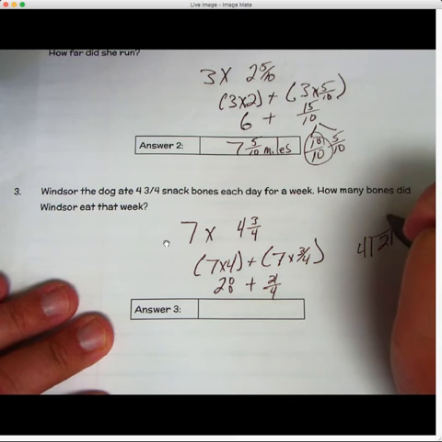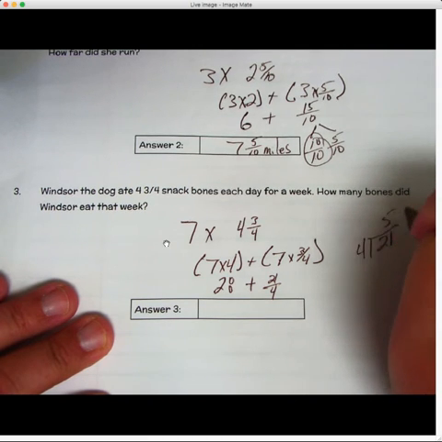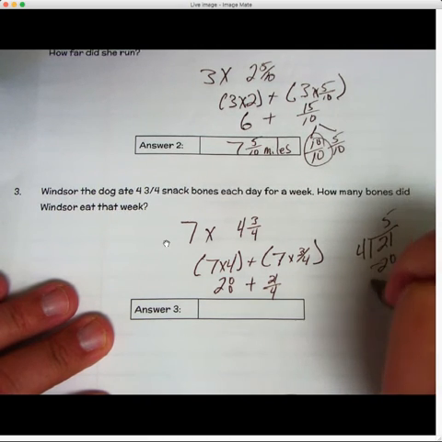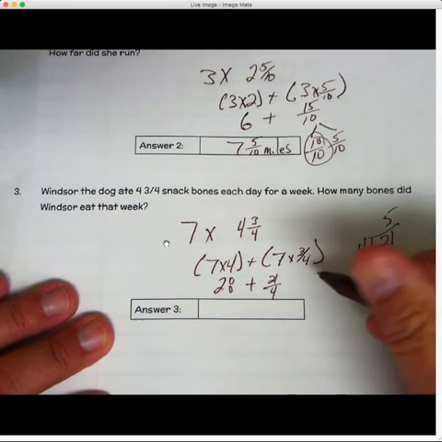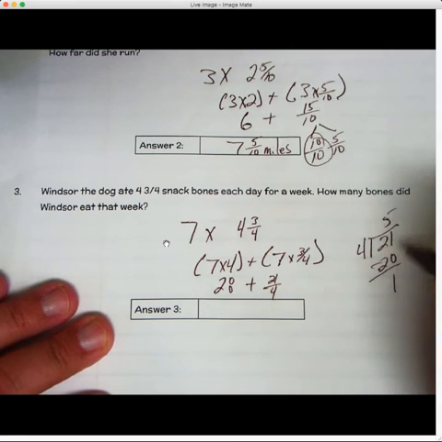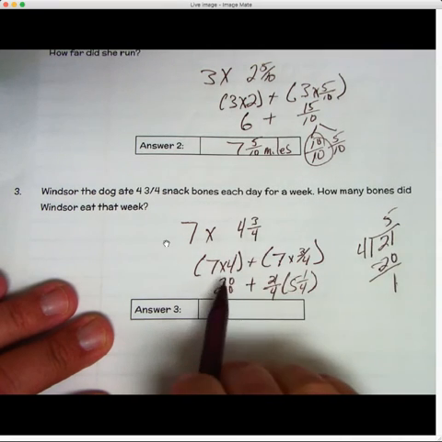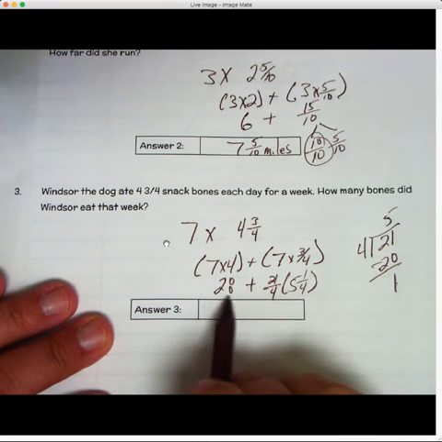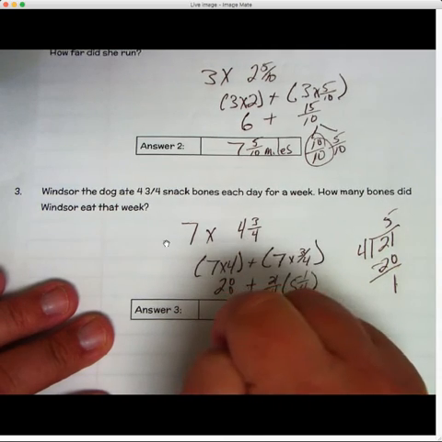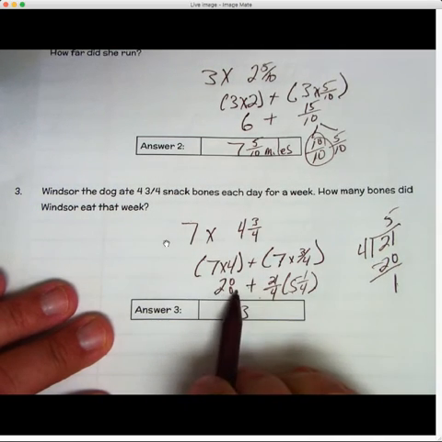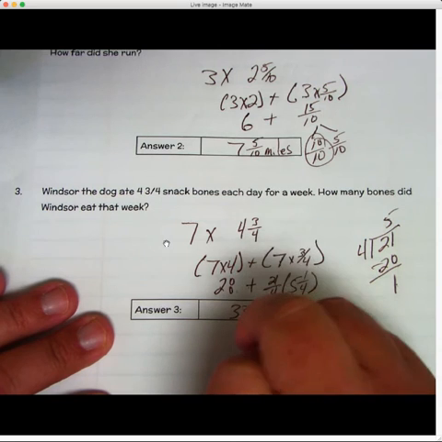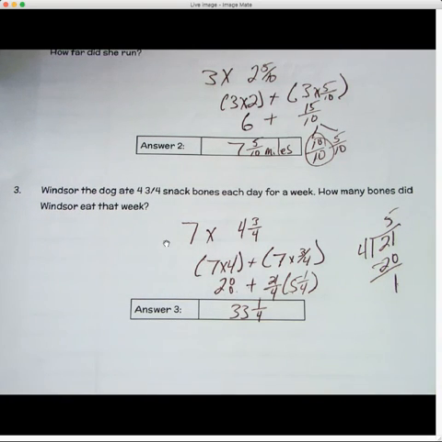What's that going to get me? 6 is too big. 5. 5 times 4 is 20, with 1 left over. So 21/4 is the same thing as 5 1/4. So 28 plus 5 would be 33. I don't have a fraction to add to the 1/4, so 33 1/4. And that's it.